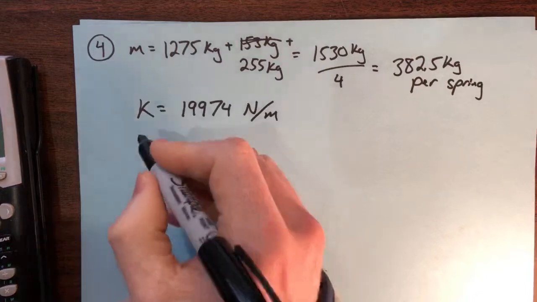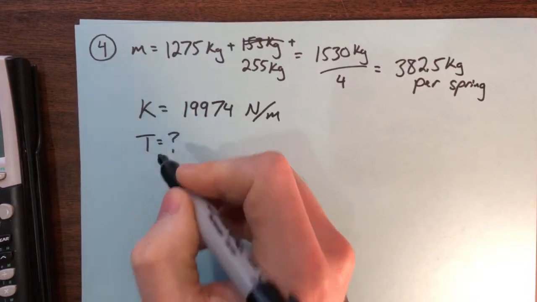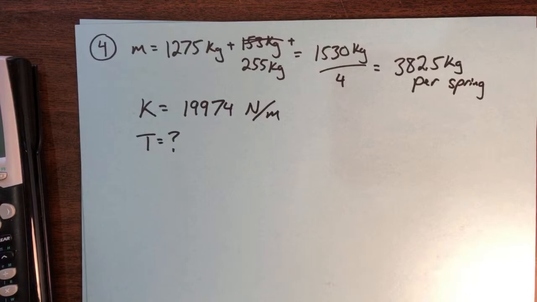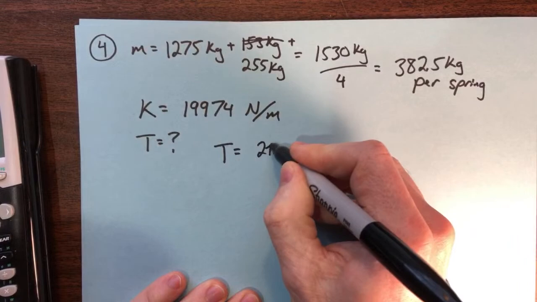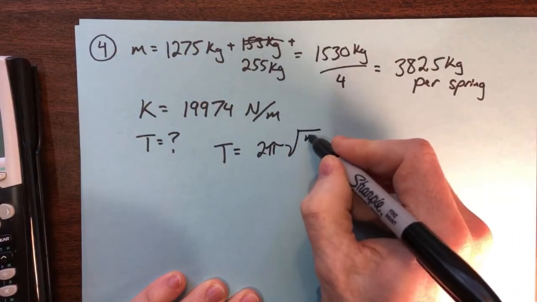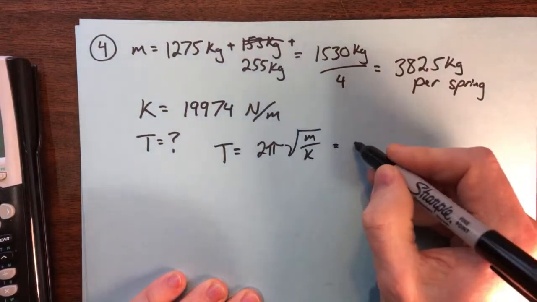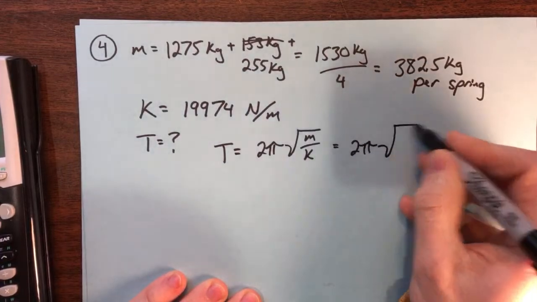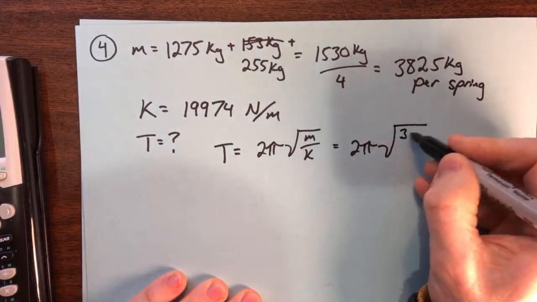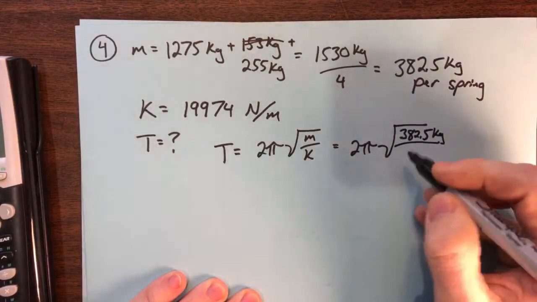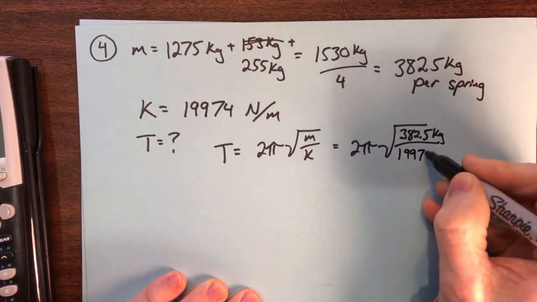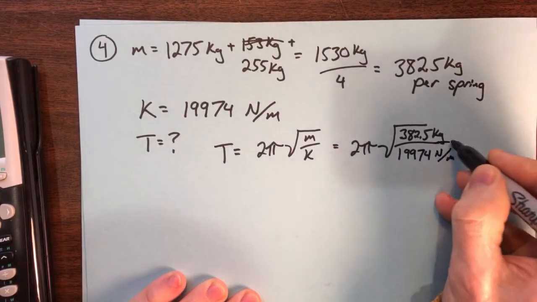And so now what are we solving for? It says we want to know what the period is, which is fairly straightforward. We can use the original equation without rearranging it at all. So we have T equals 2 pi square root of m over k. So that's going to be 2 pi square root of 382.5 kg all over 19974 newtons per meter.